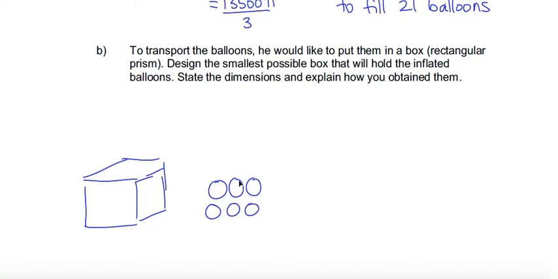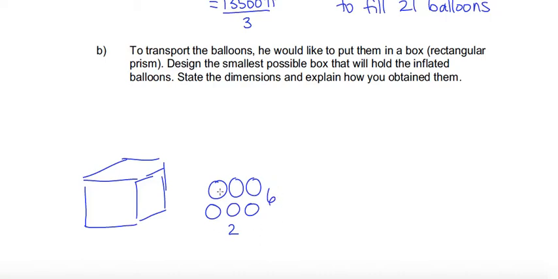So then I have a 2 by 6, and then I might stack them 4 high. That could be an option. So I want to think about how many balloons I want along the bottom, and then how many balloons I want stacked on top of that. So the base of my box might be 2 by 6, right?